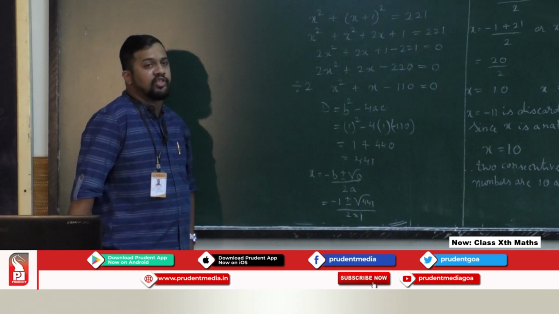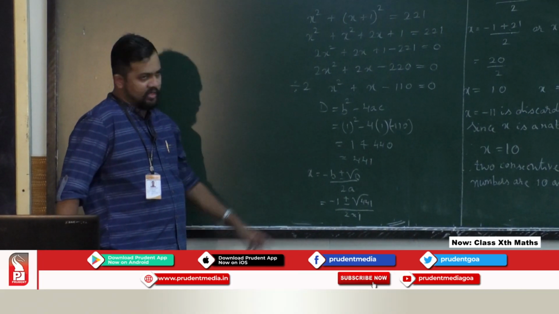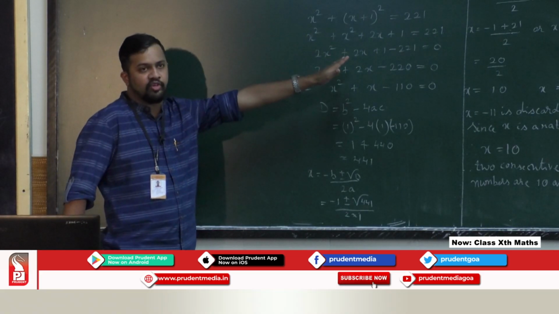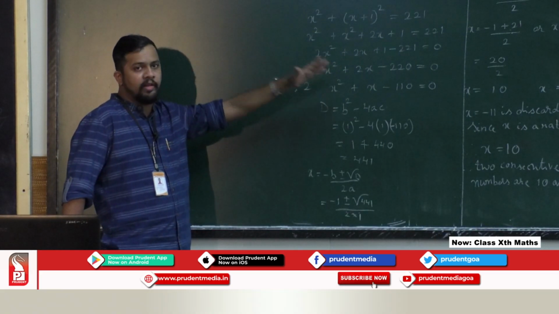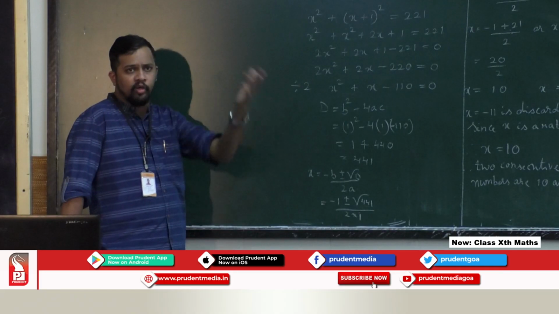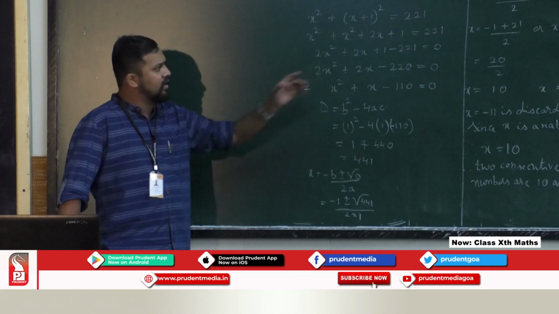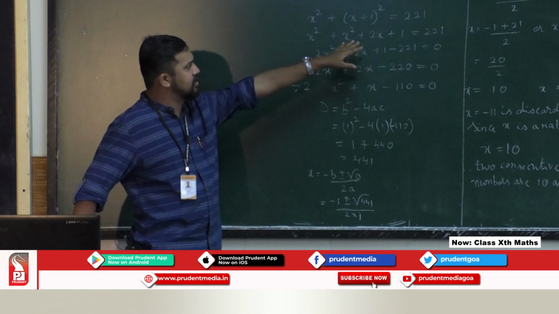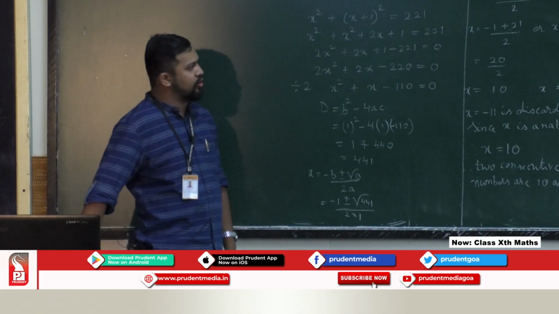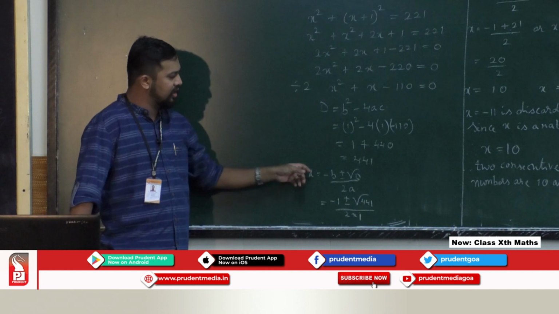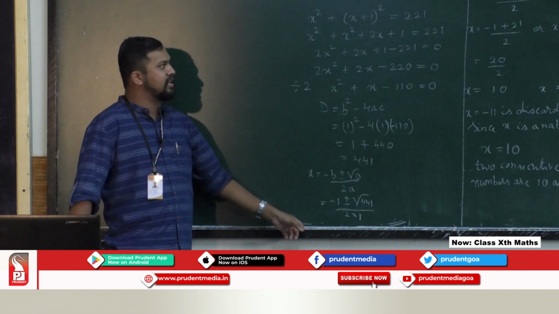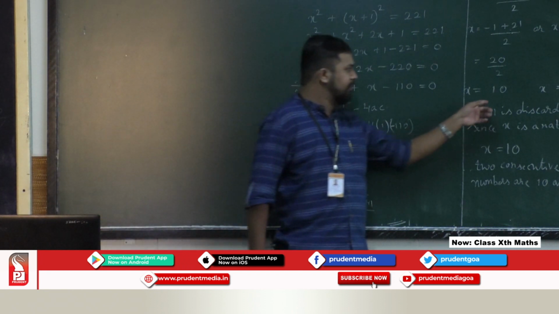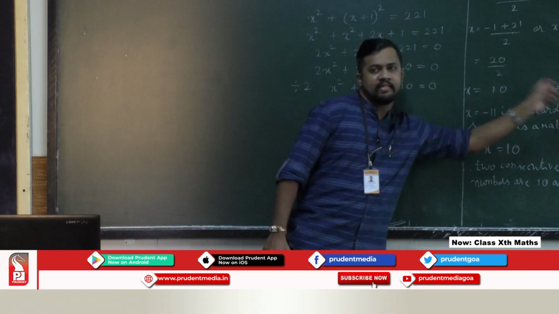So this is our first problem: find two consecutive natural numbers whose sum of squares is 221. I did, let the two consecutive natural numbers be x and x plus 1. Remember, I said just 2; if it is more than 2, go ahead with x plus 2. The question gave the sum of the squares, so x square plus x plus 1 the whole square equals 221. Solve by the method, you will get D. Find the factors, so you will get x as 10 and x as minus 11.